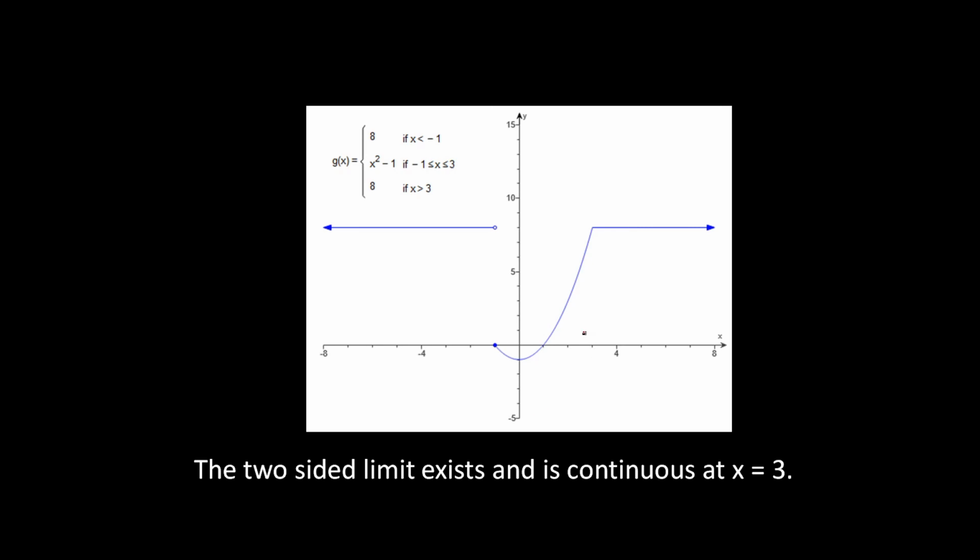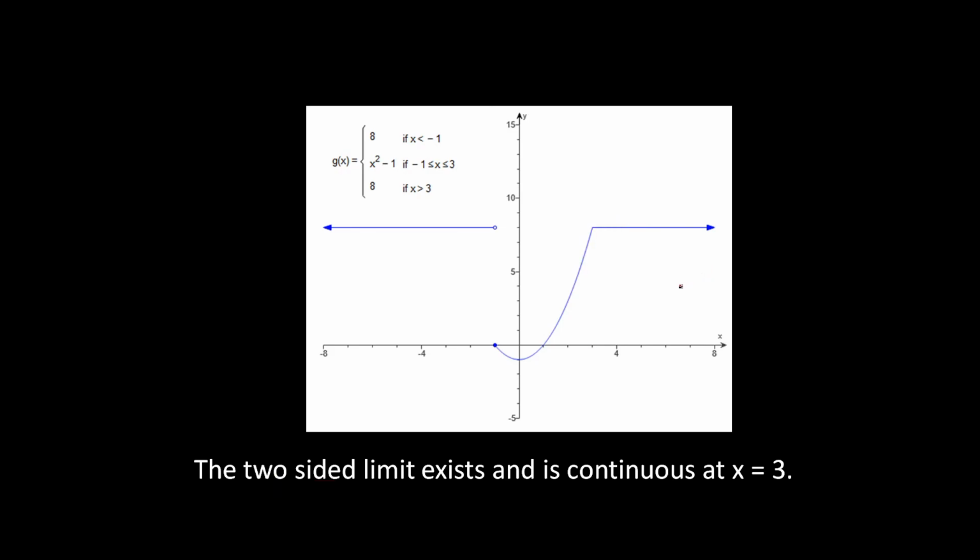Now remember what the limit of the function is. The limit means as we approach our point of interest, which is 3, we ask, what output are we approaching? If we approach from the left, we're approaching an output of 8. And if we approach from the right, we're also approaching an output of 8. The left and right are equal, which is why we say the two-sided limit exists.